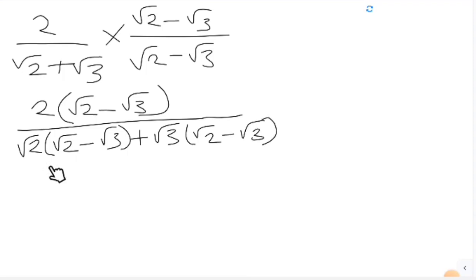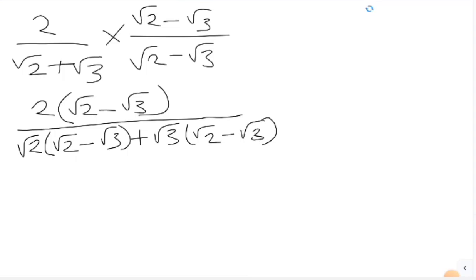Here's what just happened. I took the square root of 2 and wrote it here, and I wrote the conjugate inside the bracket, square root of 2 minus root 3. Then I took the plus root 3 and also wrote the conjugate in a bracket, which is square root of 2 minus root 3.